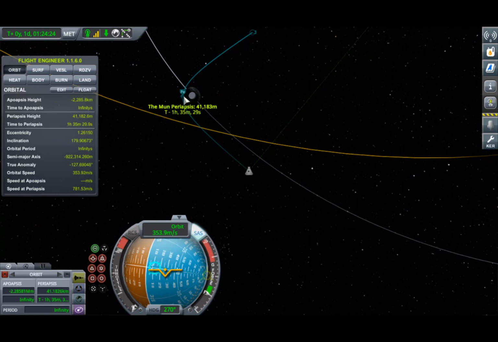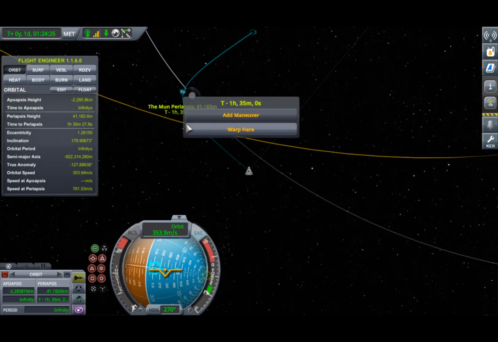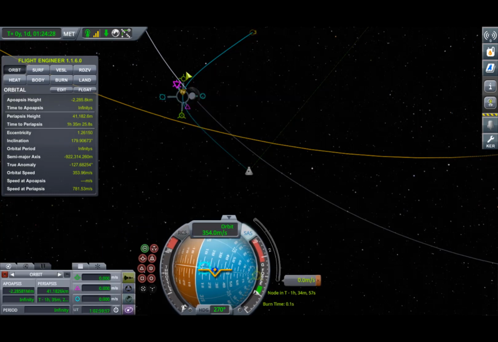So I need to follow this path, and somewhere near the periapsis I'll set a maneuver where basically I'm going to slow it down. So I'm passing the Mun and then slowing down and getting into an elliptical orbit there.